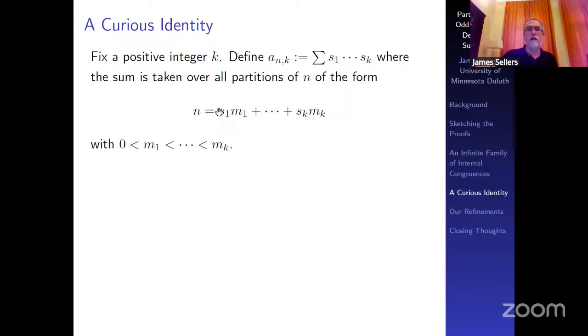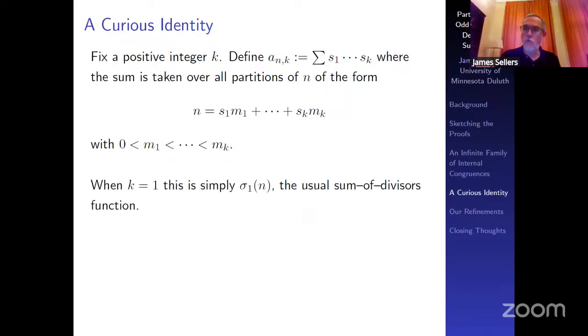So the s1 up to the sk, which are up in here and being multiplied, are actually the number of times that you're having m1, m2, up to mk. You then multiply that, and then you add all that up. If k is 1, then this object above is just the usual sum of divisors function. It's not hard to see that that's what's happening. As you run across all possible partitions, what you're really just running across is all possible divisors of n. So when k is 1, this is just the usual sum of divisors.